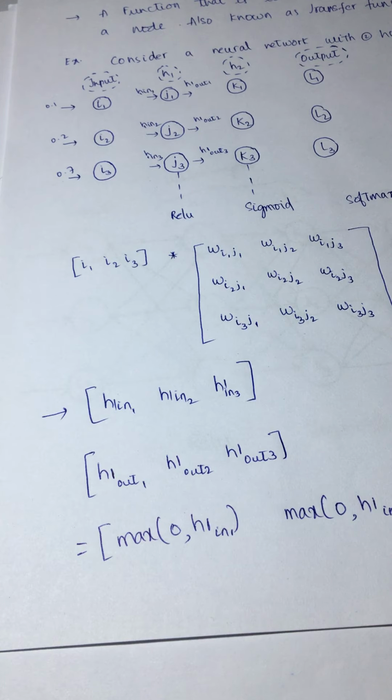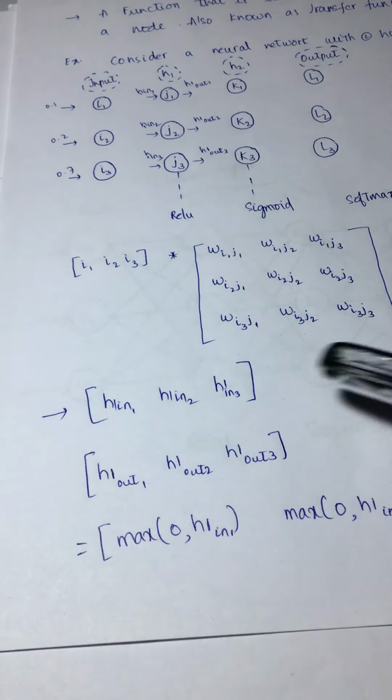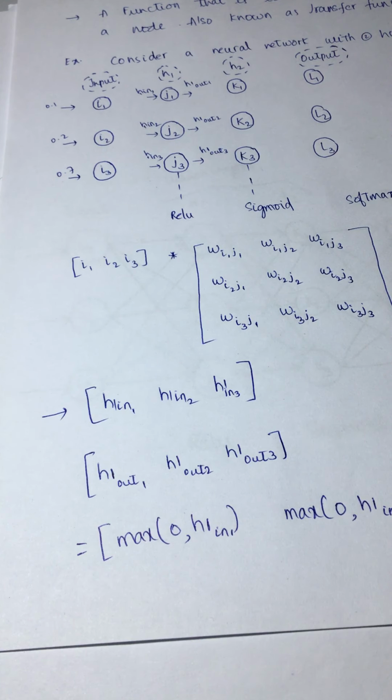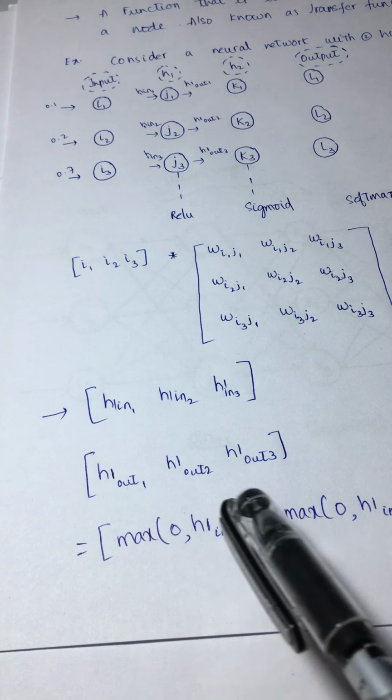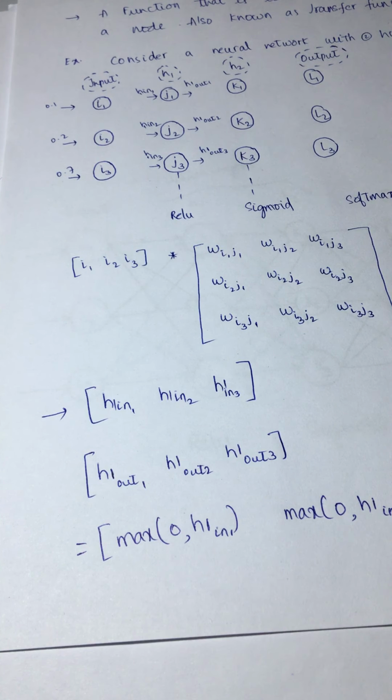Now, suppose you don't have any of these non-linearities. The whole idea of activation functions is to introduce non-linearities to your neural network. This is one particular type of activation function, an example of ReLU.